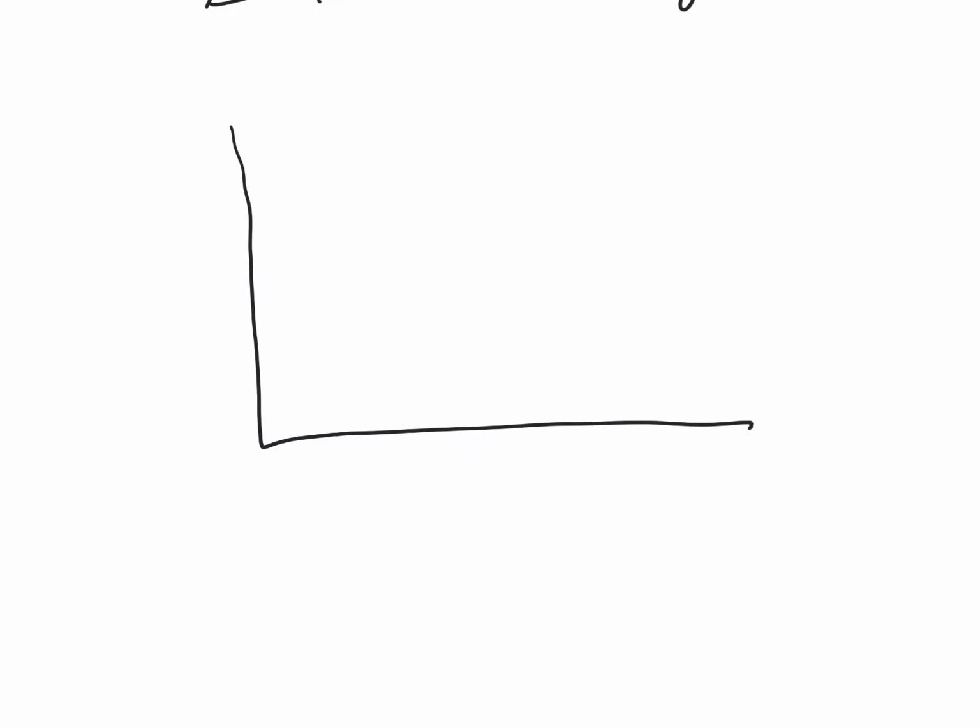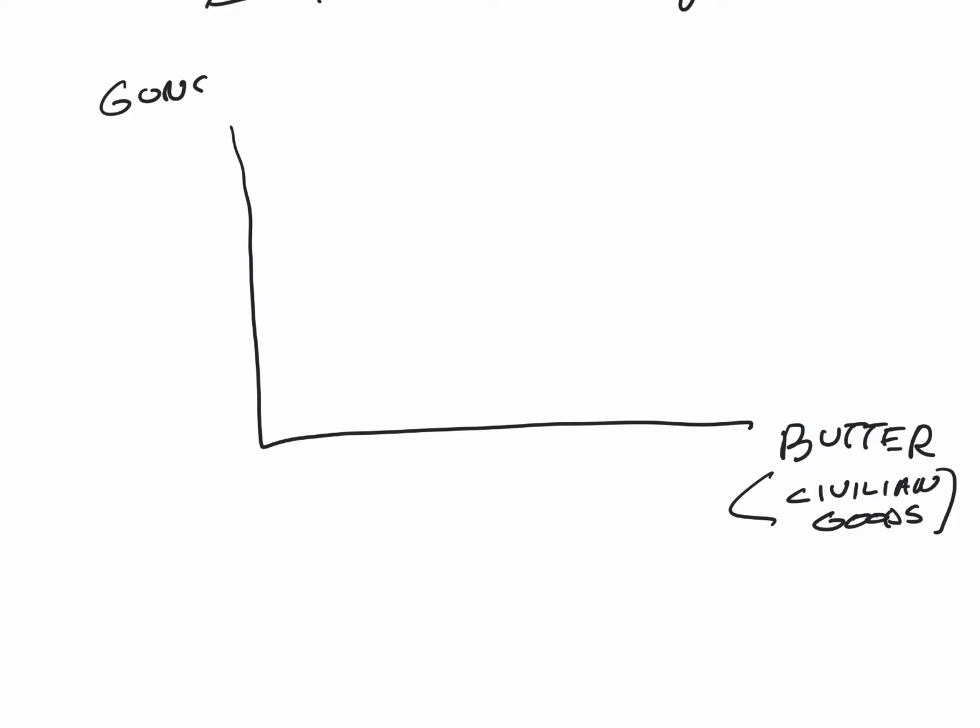So let's start drawing our little production possibilities curve. We're going to use the old classic guns and butter example. Over here on this axis, we're going to put butter. This is civilian type goods. On this axis, guns, or military type goods.